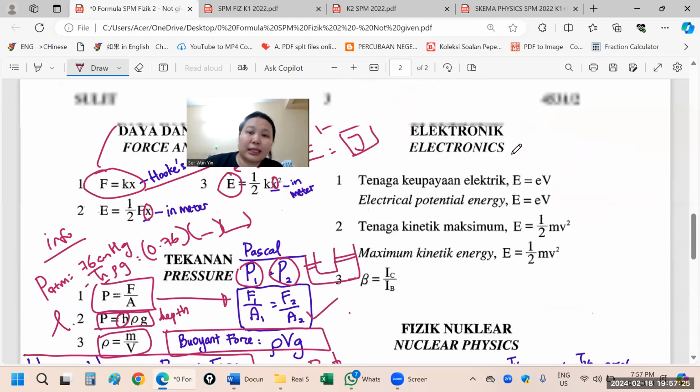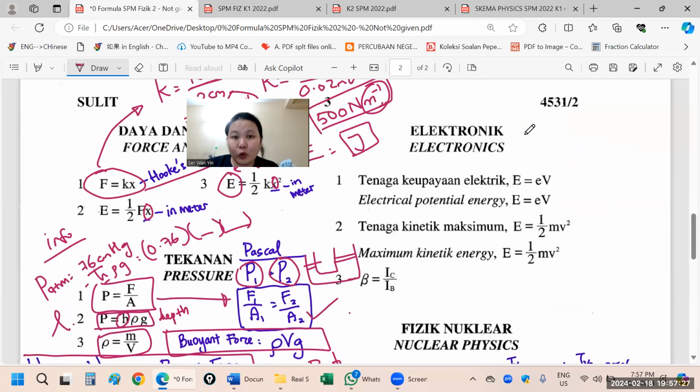Okay, then electronics. This is thermionic emission. Thermionic emission means when the metal is heated up, electrons will be emitted out. So the electric potential energy is E equals eV. How can the electron go up? You must have high enough electric potential energy.